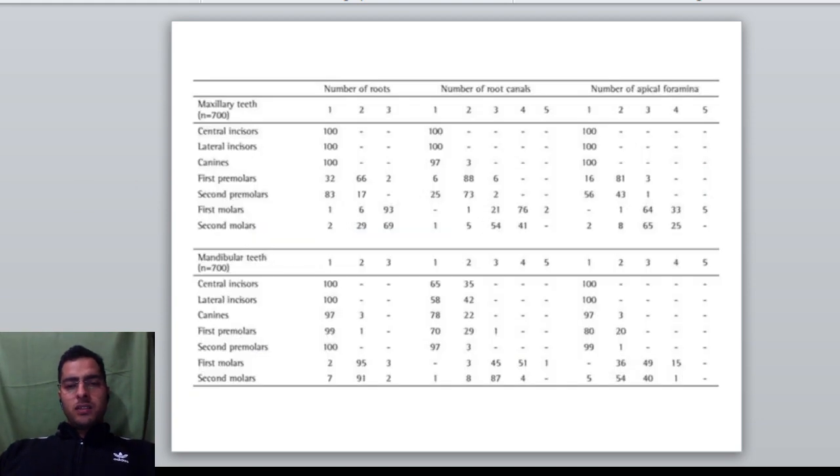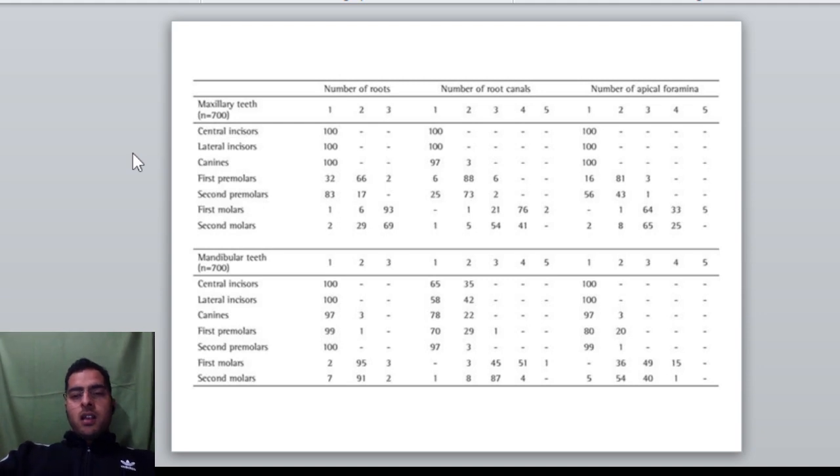So this was a study done on 700 maxillary and 700 mandibular teeth. Here, this research has concluded that for 100 central maxillary incisors, all 100 of them had a single canal and a single apex.